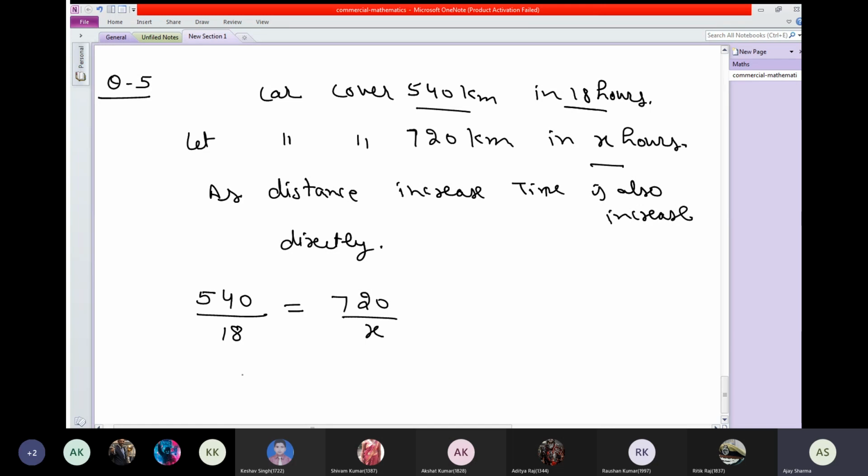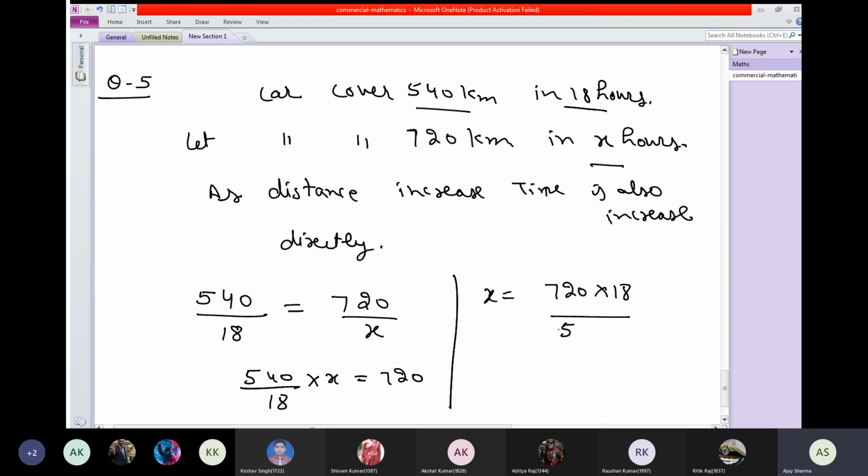Now cross multiply and you will find the answer. 540 multiplied by x equals 720 multiplied by 18, so x equals 720 multiplied by 18 divided by 540. You can cancel 18 into 3, 54, 0 as it is, cancel 0, and 3 24. So x equals 24 hours.